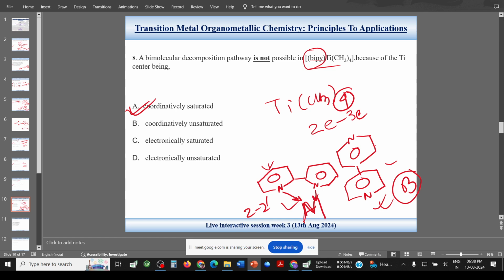If we have 4,4', one bipyridine molecule would coordinate two metal centers, so our coordination requirement, increasing the coordination from 4 to 6, will not be satisfied. So we use 2,2'-bipyridine, not 4,4'-bipyridine, to increase the coordination number from 4 to 6, generating a coordinatively saturated molecule that stabilizes this titanium tetramethyl complex.